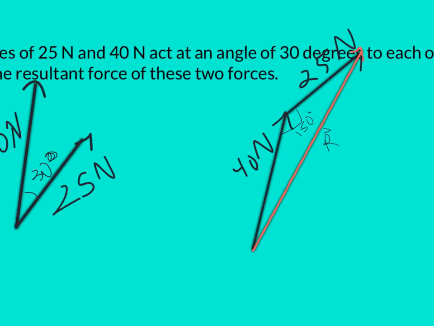So this will be 150 degrees. And we want to know what this resultant vector is here.